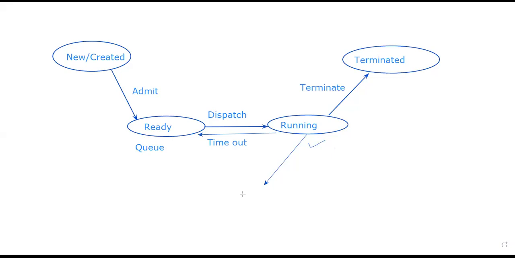So here let me draw blocked. We'll move into the blocked state. So why did it move to the blocked state? Because of IO event wait.